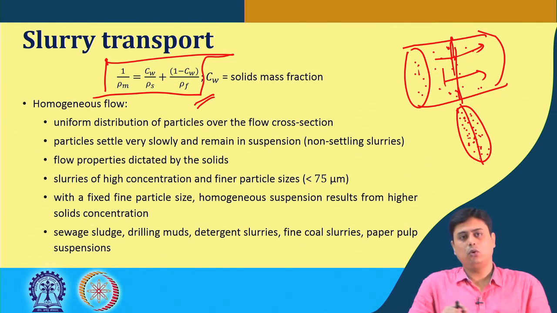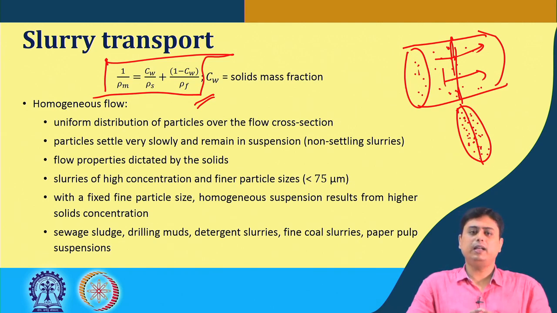It becomes a more homogeneous suspension. Examples of slurries that behave in this homogeneous flow regime are sewage sludge, drilling muds, detergent slurries, fine coal slurries, and paper pulp suspension.